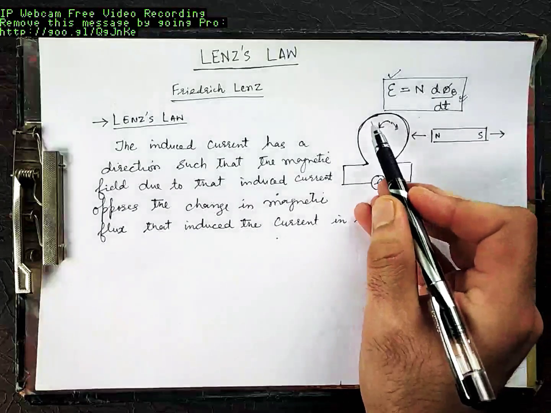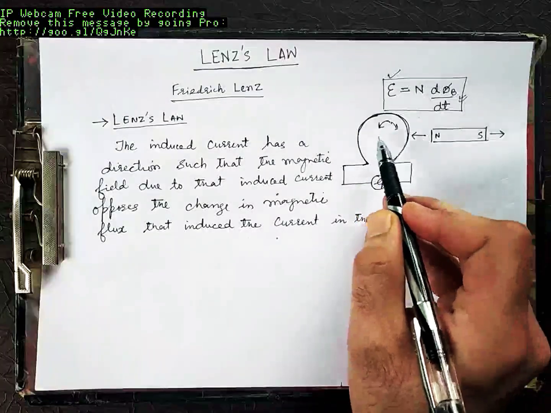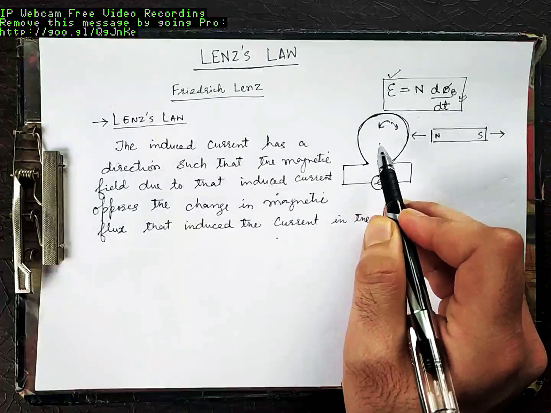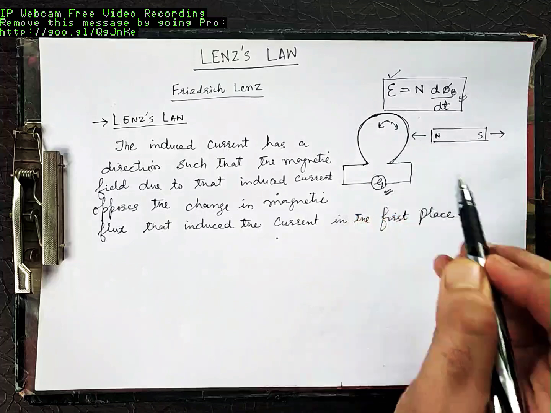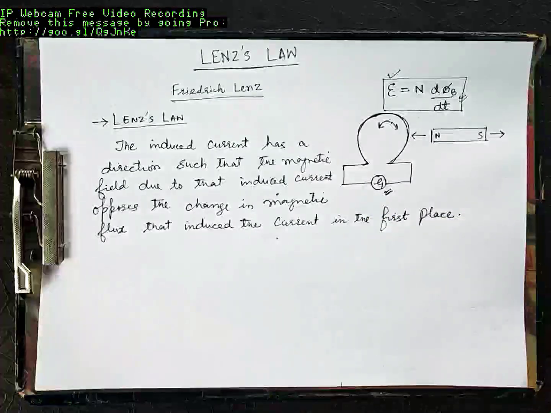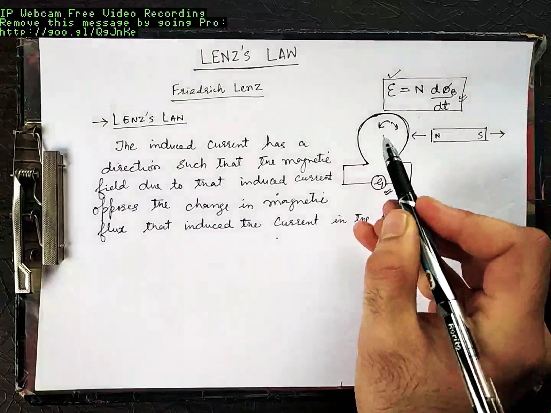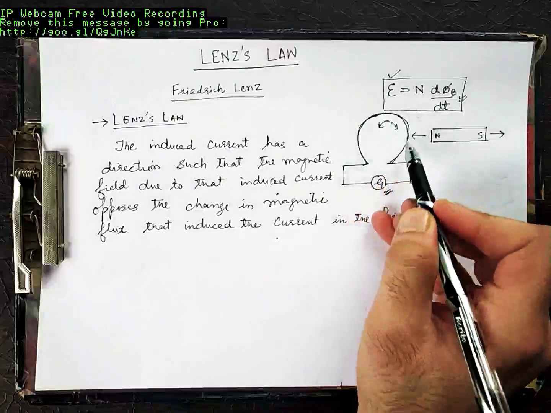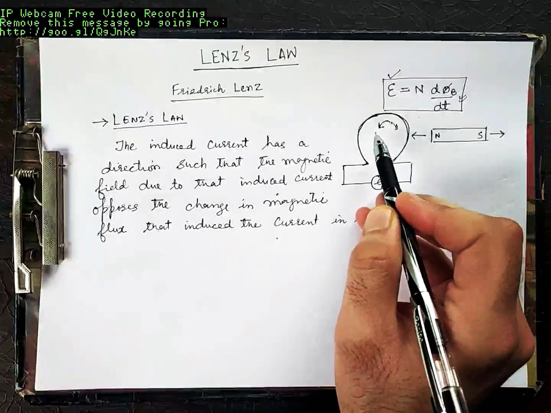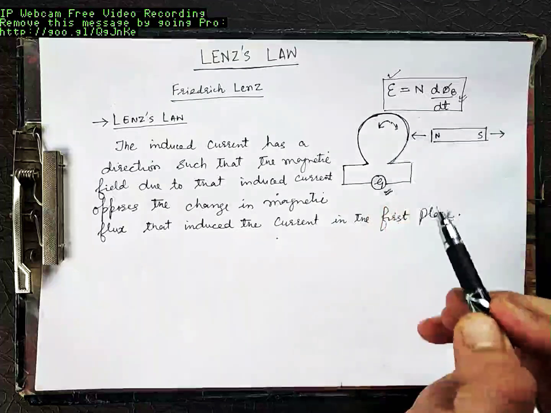The current in this coil flows such that it opposes the increase in magnetic flux.